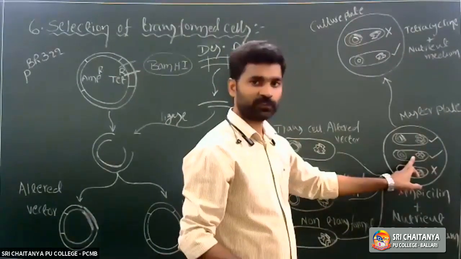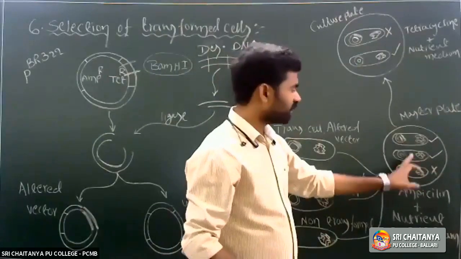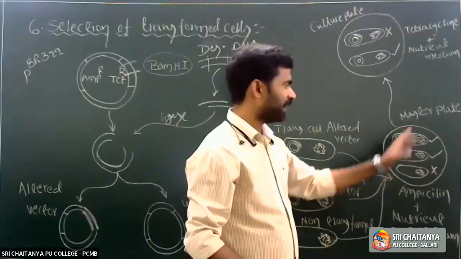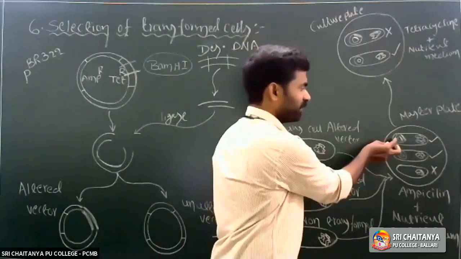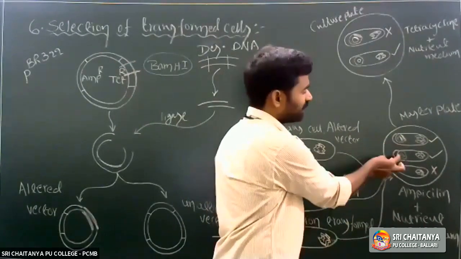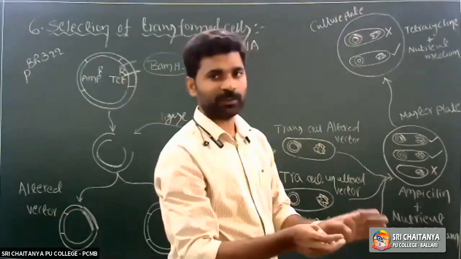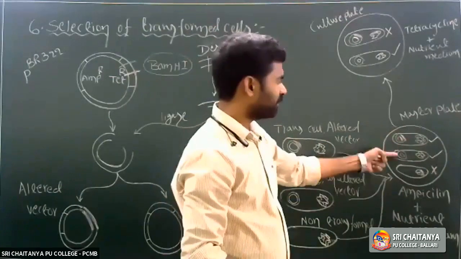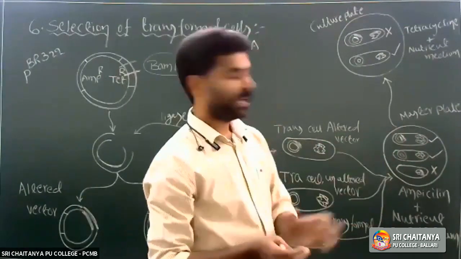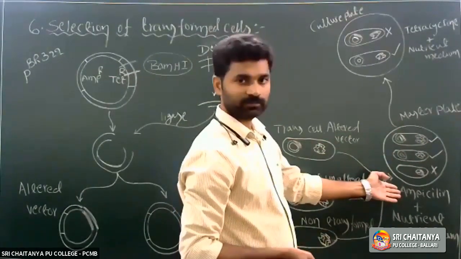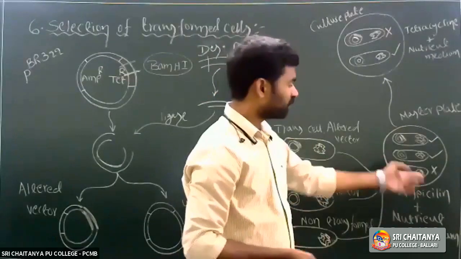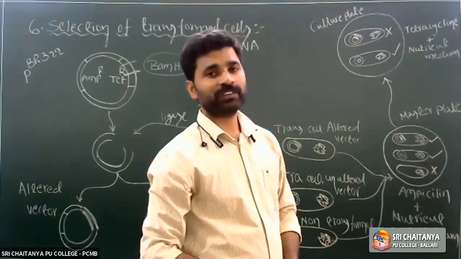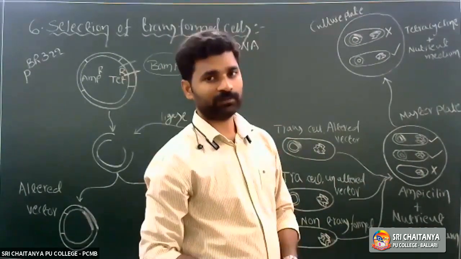These two are transformed. See, the two transformed cells are resistant to the antibiotic ampicillin. So on this side, ampicillin resistant genes are there in the plasmid. So both of them exhibit resistance to the antibiotic ampicillin. But what about the third one? There is no resistant gene to the antibiotic ampicillin.